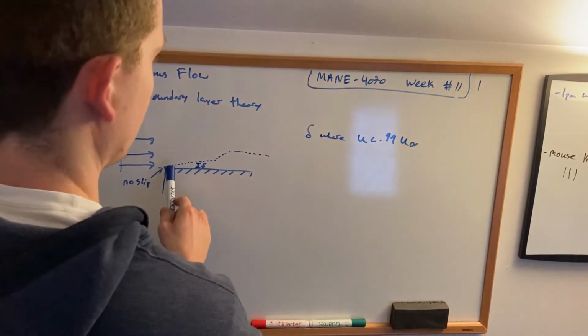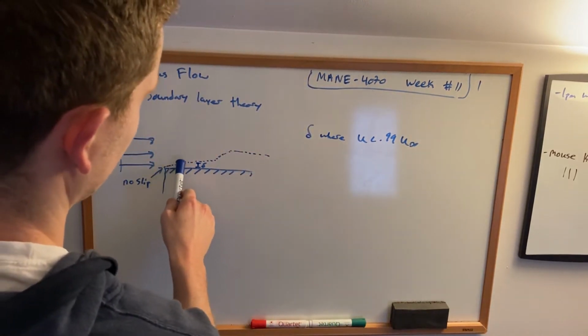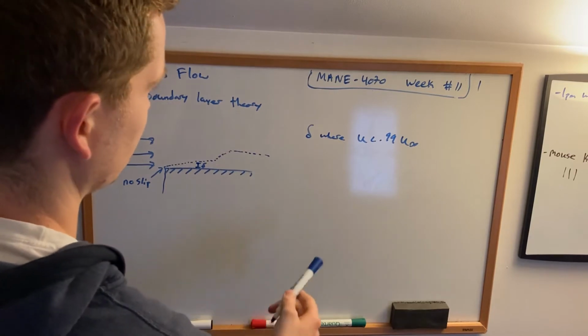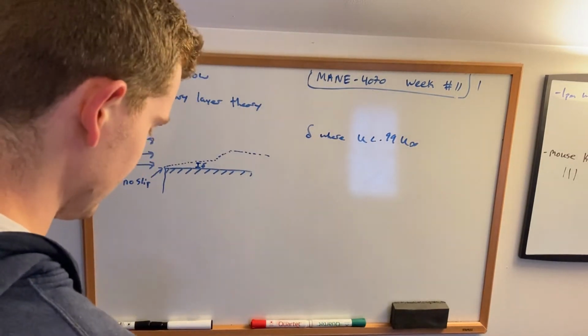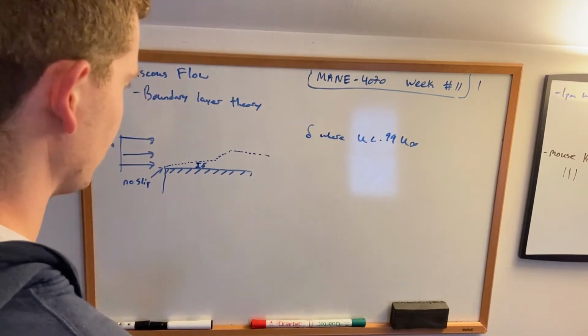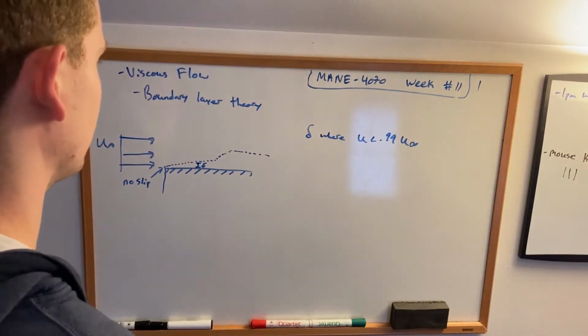So this borderline, this dotted line, is where the local U is equal to 99% of U infinity. And then after that, it's arbitrarily the cutoff for the boundary layer.